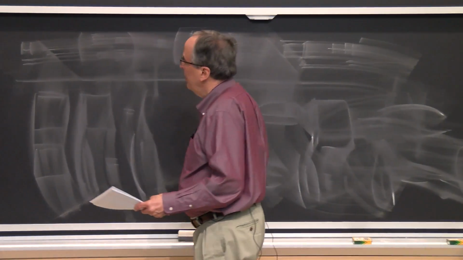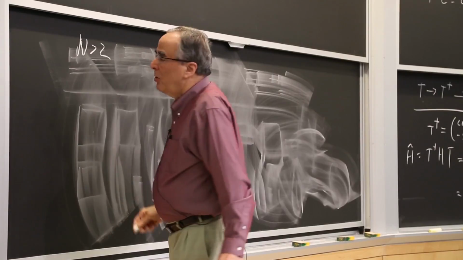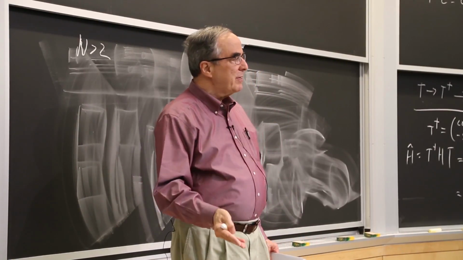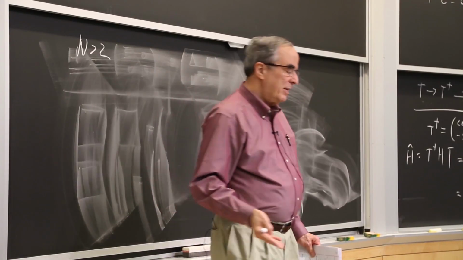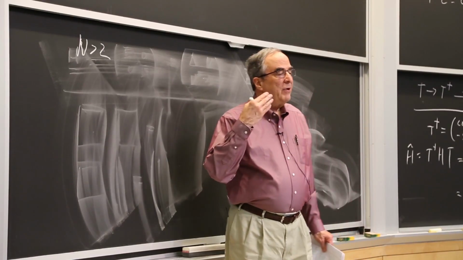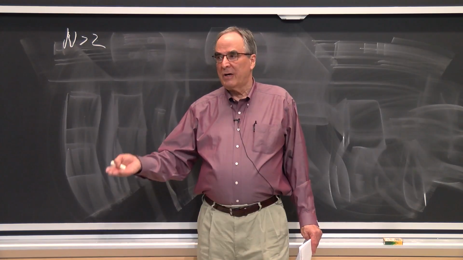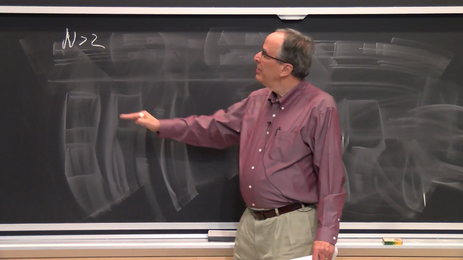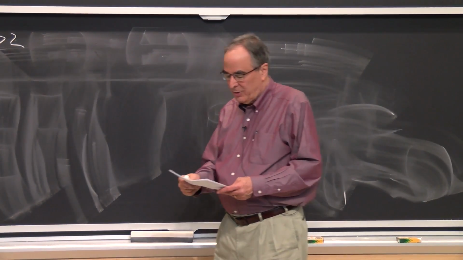So for the number of levels greater than 2, we know we're going to have a problem, because approaching it by transformation theory or linear algebra as opposed to the Schrodinger picture, if you can't get a solution in one picture which requires solving an algebraic equation, you're not going to get it by playing with these unitary matrices.